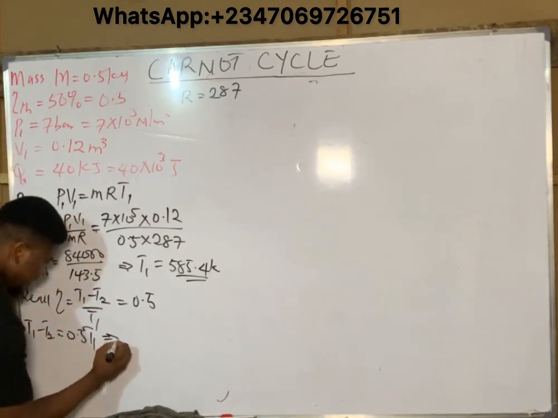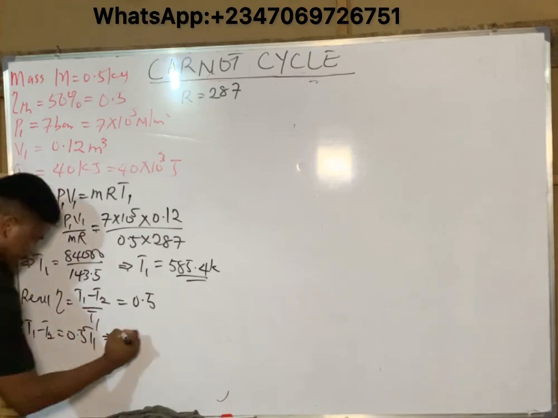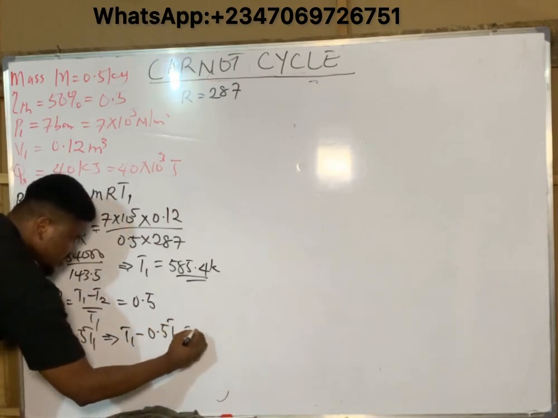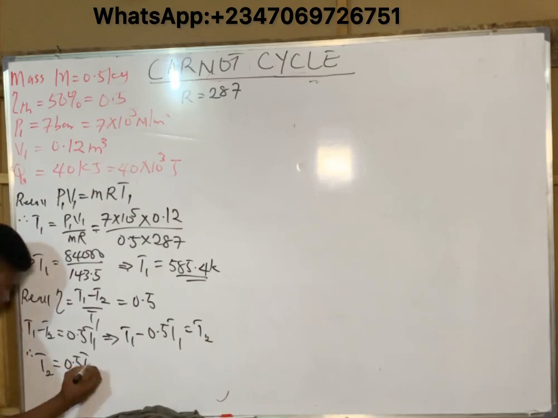Let's send T2 over to this side of the equation and bring 0.5 T1 over here. So I'm going to have T1 minus 0.5 T1 equal to T2. Therefore, my second temperature T2 is actually 0.5 T1.